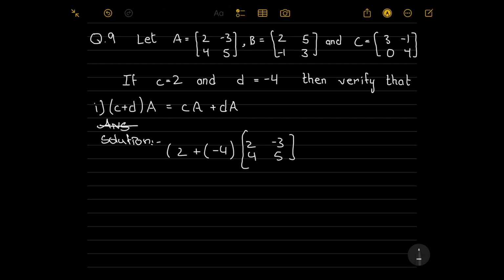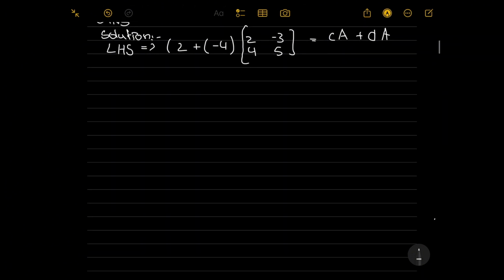First we're going to find the left hand side. This is the left hand side, which equals, let's write it as it is, CA plus DA.